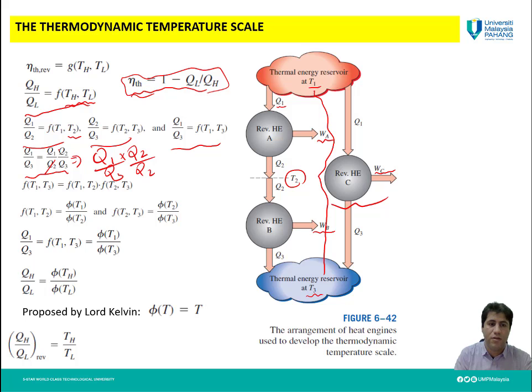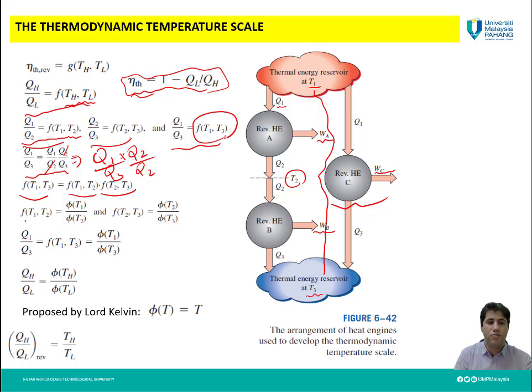And again, we can cancel them and we have Q1 by Q3. And if you notice, Q1 by Q2 is a function of T1 and T2, so Q1 by Q3 is F of T1 and T3 right here. Q1 by Q2 is F of T1, T2. Q2 by Q3 is this function of T2 and T3. So we can write this equation like this.